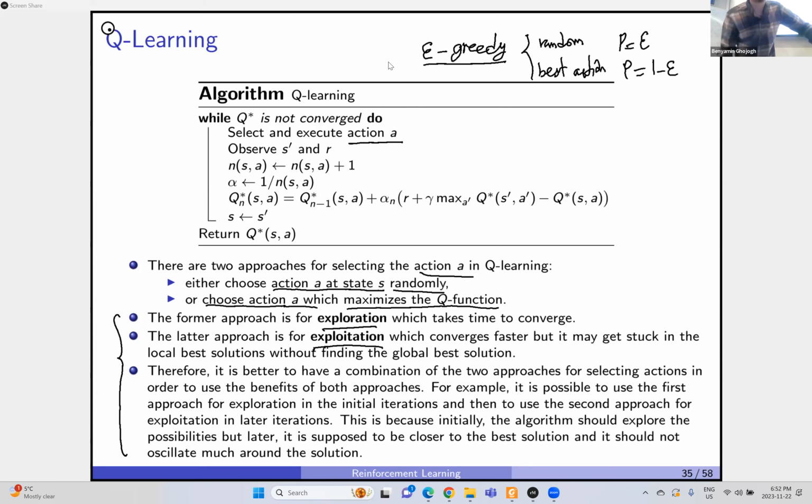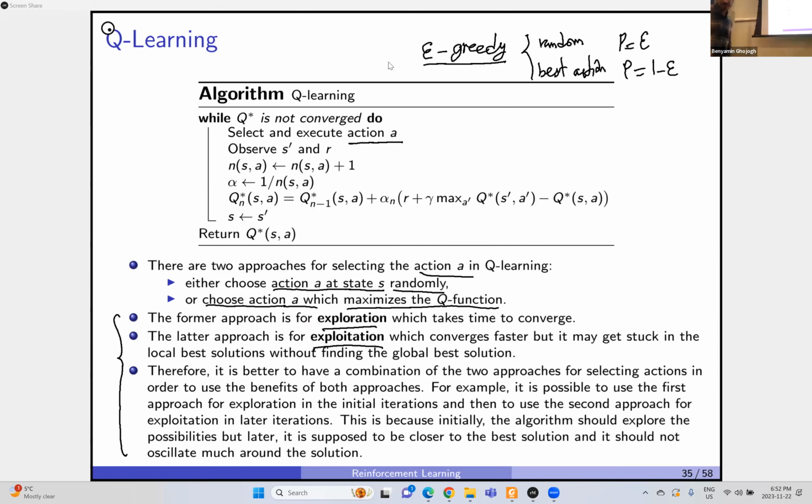So basically it does both of them, right? This algorithm is called epsilon greedy. Why is it called epsilon greedy and not 1 minus epsilon greedy? Because when you do the random action, you are greedy to explore, right? It's the greed of you to explore the space.